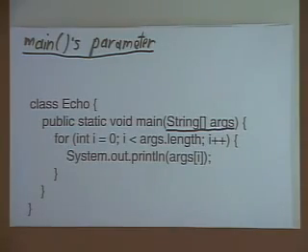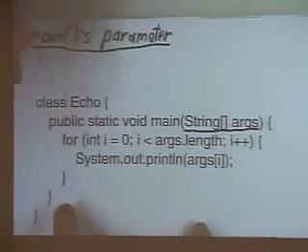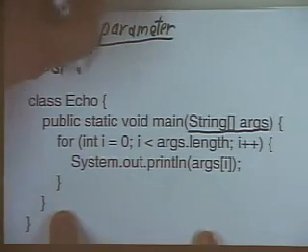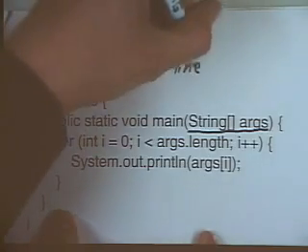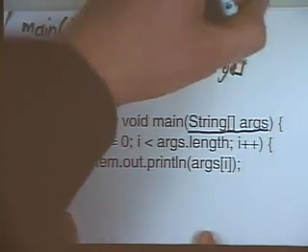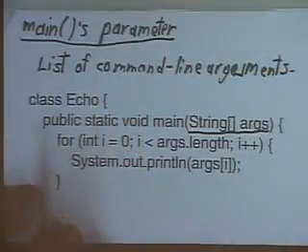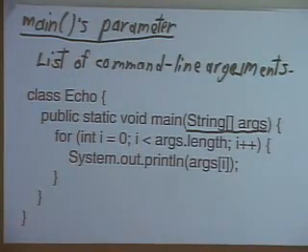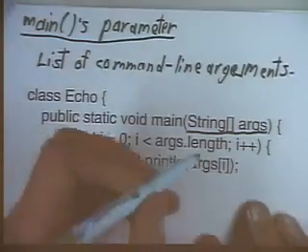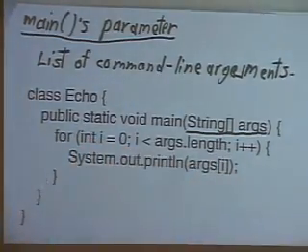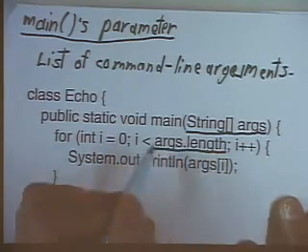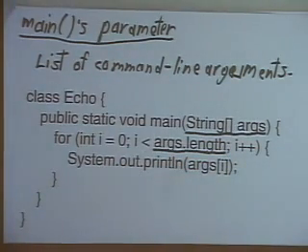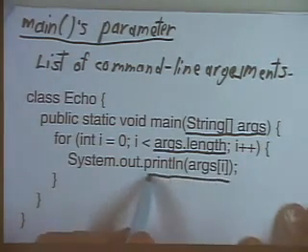It's a list of command line arguments that you typed at the Unix prompt. What this loop, which is also in your notes, does is it walks through the array of strings. And remember, the way to know how long an array is is by looking at args.length. For each one of the strings in that array, it prints it out on the screen so you can take a look at it.